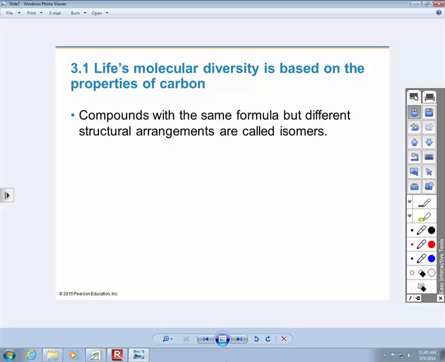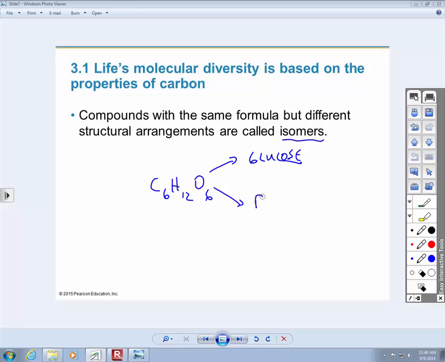Let's talk about this thing right here, an isomer. Isomers are molecules with the same chemical formula, like, for example, C6H12O6. But this could be either, say, glucose, which is a sugar, anything that ends in -ose tells you it's a sugar, or it could be fructose.